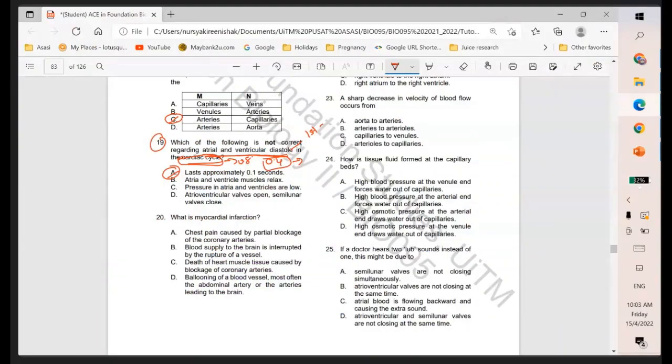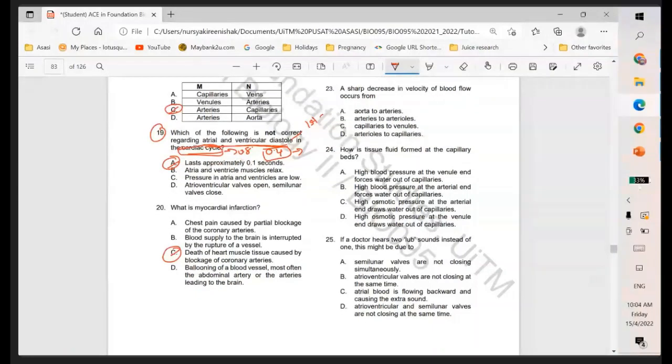Okay. Question 20. What is myocardial infarction? My answer is C. Death of heart muscle tissues caused by a blockage of coronary arteries. I choose the option because for A, it refers to angina pectoris, and B, it refers to stroke.